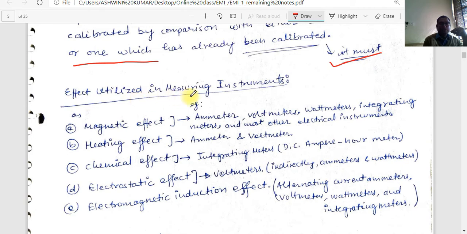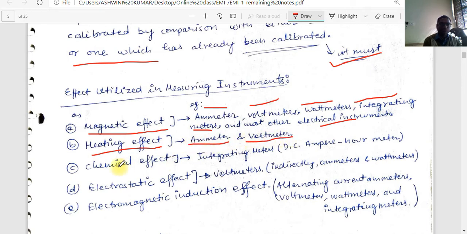Effects utilized in measuring instruments. The magnetic effect is used for the ammeter, voltmeter, wattmeter, integrating meters and most other electrical instruments. The heating effect is used in the ammeter and the voltmeter.